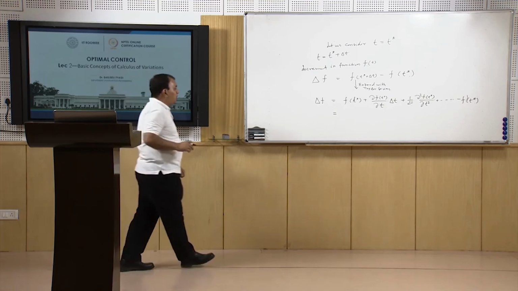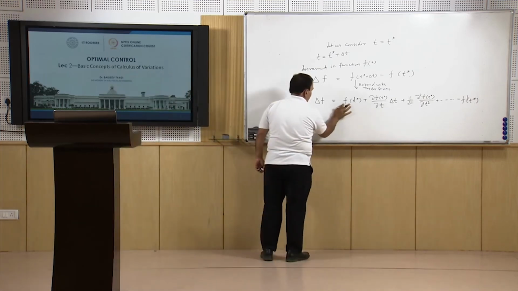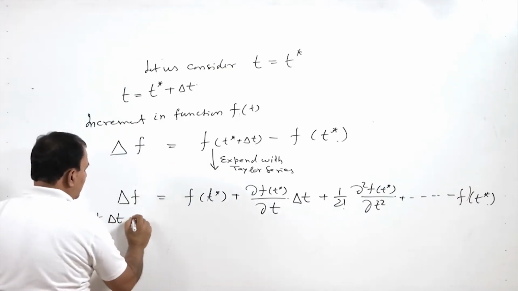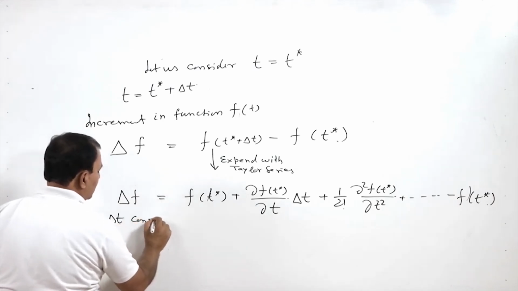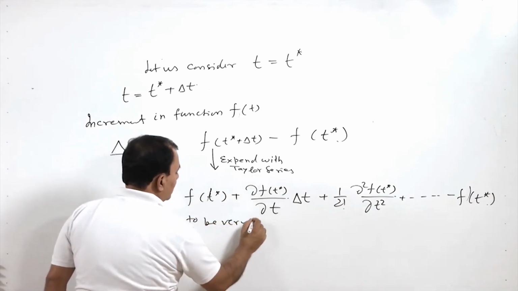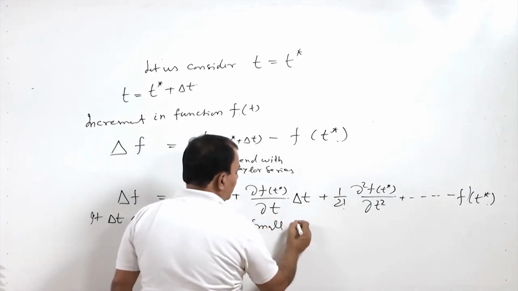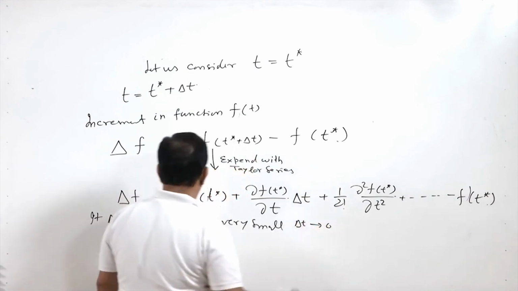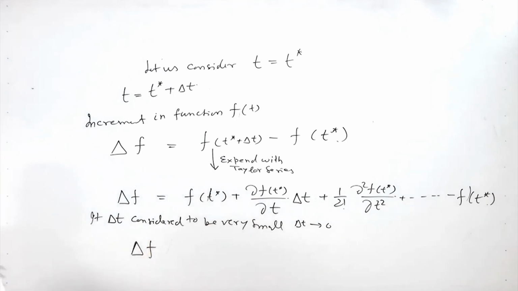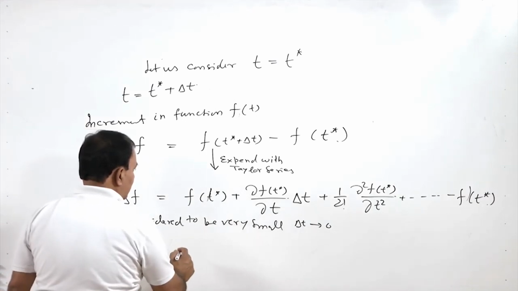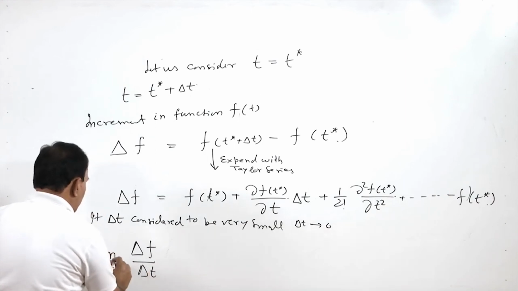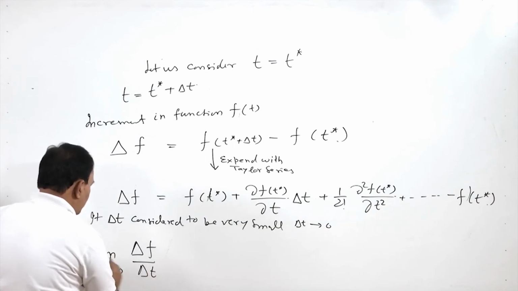So, if I approximate to the first order term, if delta t is considered to be very small, as delta t approaches 0, I can say delta f by delta t, and put the limit as t tends to 0.